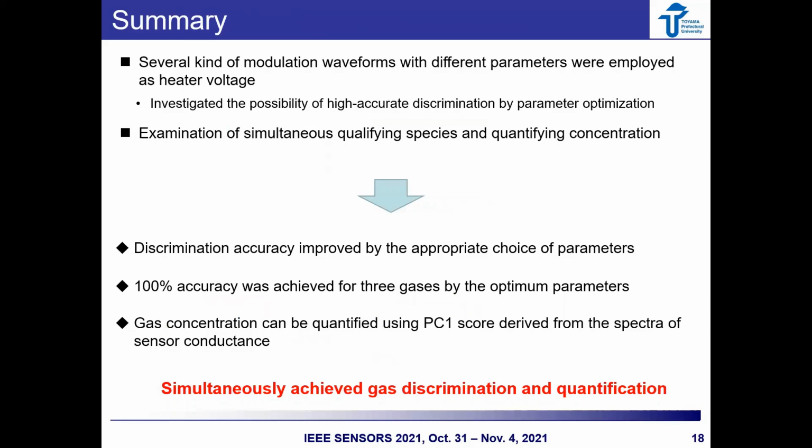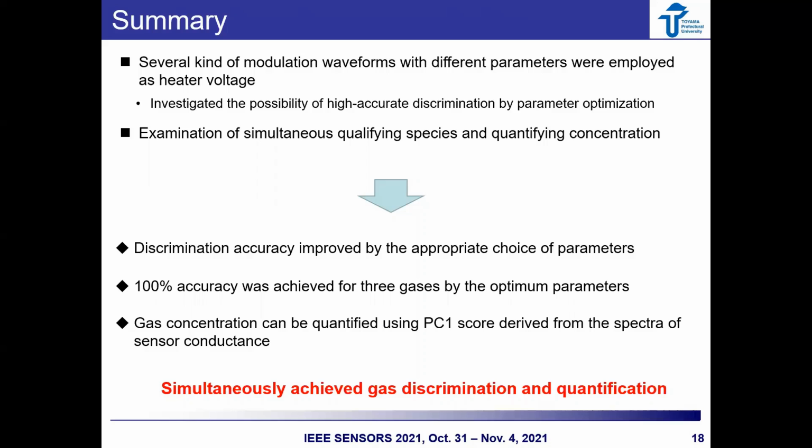In this study, several kinds of modulated waveforms with different parameters were employed as a heater voltage to investigate the high accuracy of gas discrimination by optimizing parameters. In addition, we investigated the possibility of simultaneously qualifying the gas species and quantifying the gas concentration.